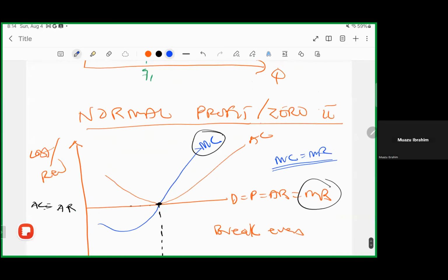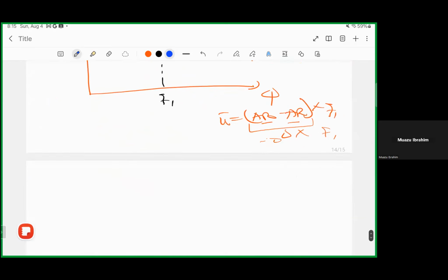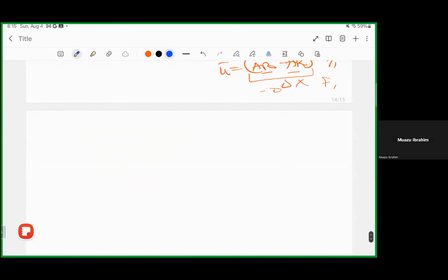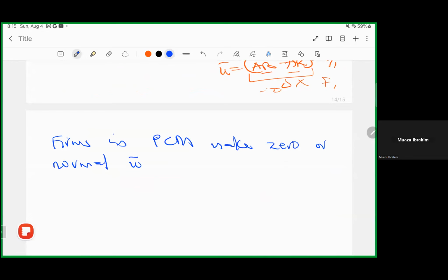But firms make zero profit or normal profit in the long run. Please note, perfect competitive firms. Firms in a perfect competitive market make zero or normal profit in the long run.